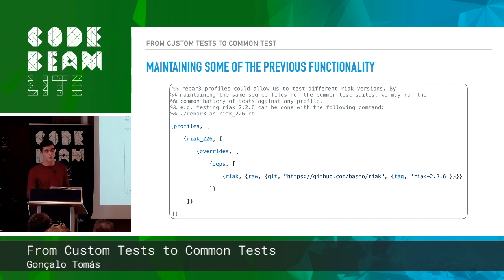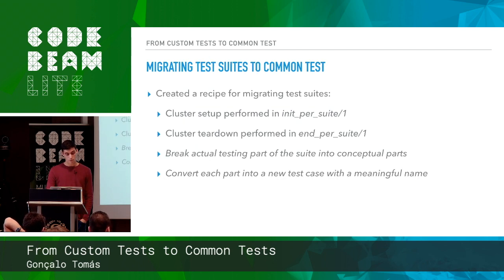But if we have major releases like Riak 2.2.6, and we want to run the entire suite of tests against this particular version, we can use something like rebar 3 as Riak 2.2.6 CT, and that will run the batch of tests against this particular version. This happens because we override the dependency reference to a tagged version of Riak. So this is how we did that part.